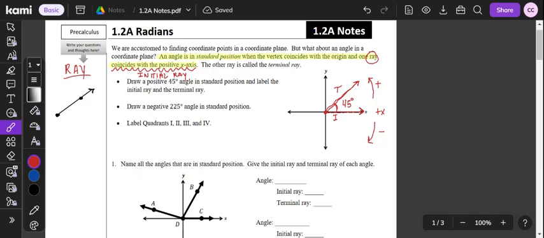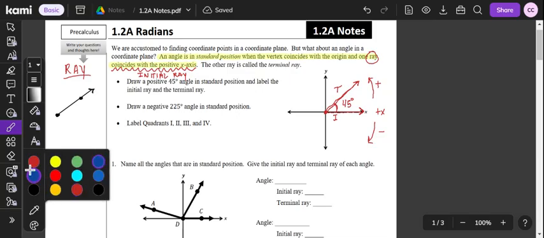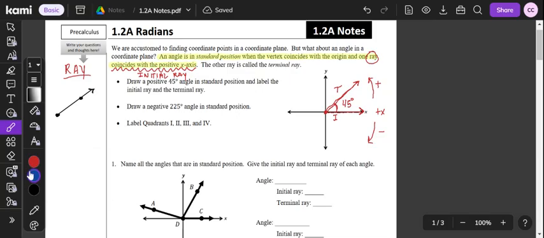Okay, bullet point 2. It says draw a negative 225-degree angle in standard position. So once again, standard position. I'm going to start in the beginning, in the origin, and I'm going to draw my initial ray. It always goes this way first. Negative 225 degrees, that means I'm going clockwise. I'm going this way around the circle.